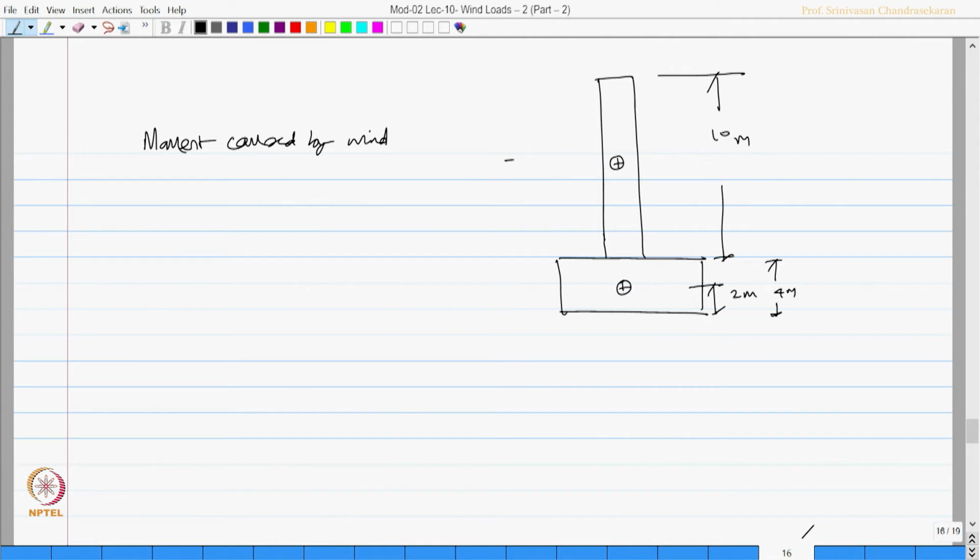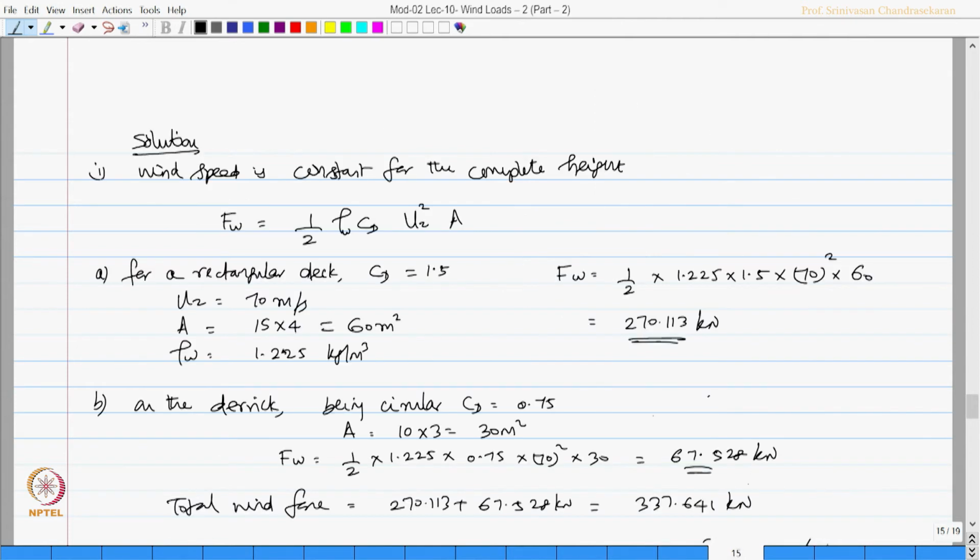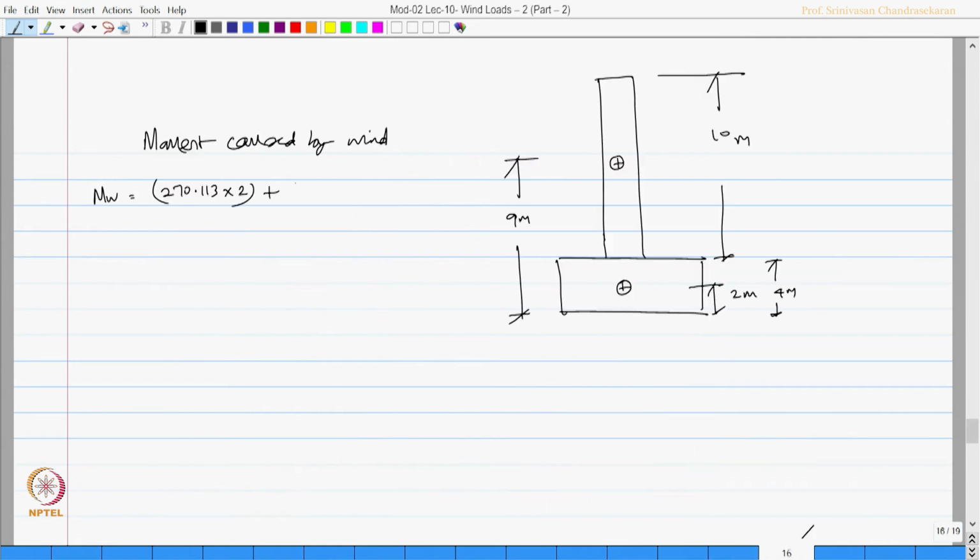Therefore, this is going to be 5 plus 4, 9 meters from this bottom. So, the moment due to wind is going to be 270.113, that is on the deck, into 2 meter plus you can see here 67.528 into 9 meters, which is 1147.978 kilonewton meter.